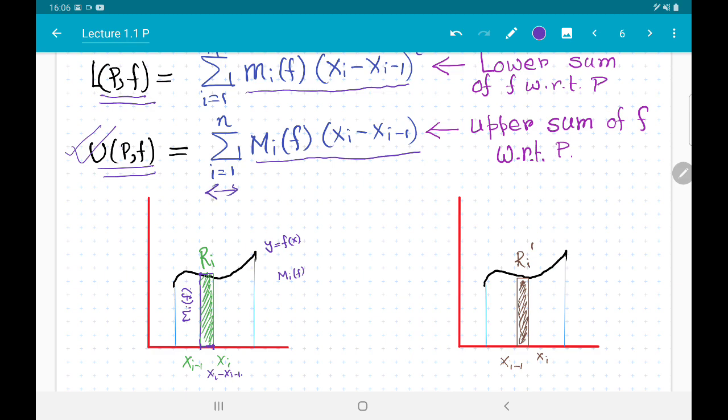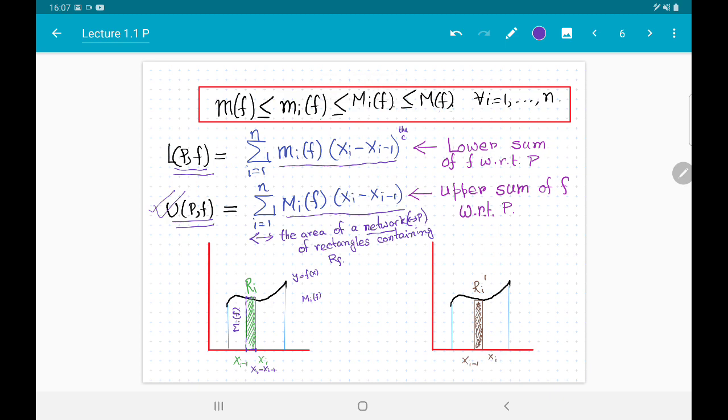Now what is UPF then? UPF geometrically corresponds to the area of a network of rectangles containing RF, and this network of rectangles corresponds to P. Similarly, if you apply a similar kind of argument here, you will see that LPF corresponds to the area of a network of rectangles, let's say corresponding to P, contained inside RF.